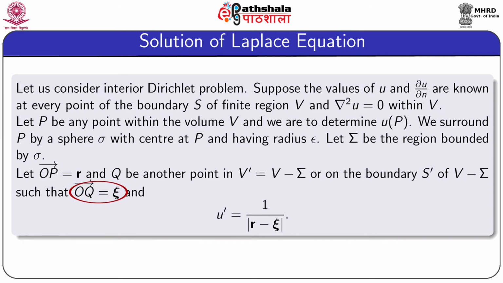Now OQ is the vector xi, and we choose u dash as 1 by mod of r minus xi.